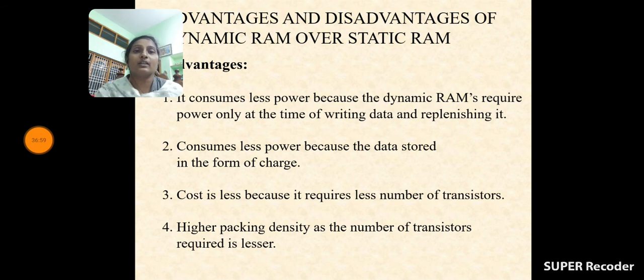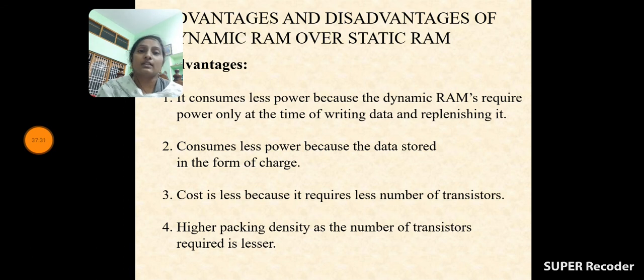Dynamic RAM consumes less power because it requires power only at the time of writing data and replenishing it. And it consumes less power because the data is stored in the form of charge, so it requires less power.